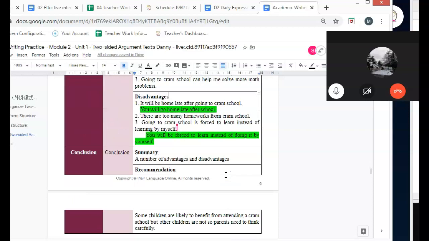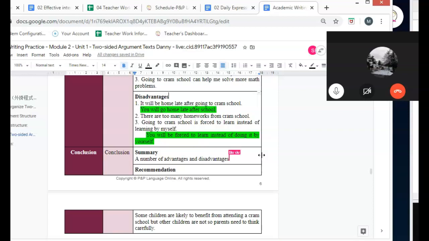Alright, now the summary of advantages and disadvantages. So which do you think cram school is? Advantage or disadvantage? What is going to cram school?